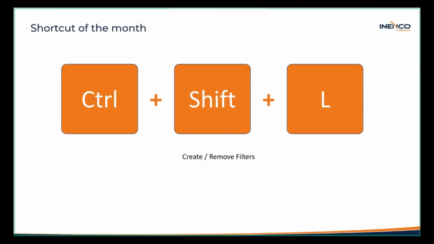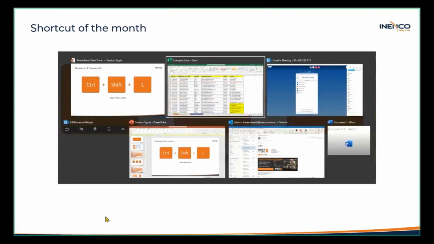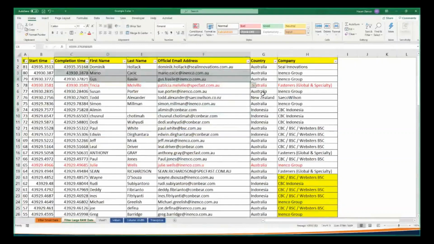All right, so Control Shift L together. Let's try it out. I can click anywhere on this table and say Control Shift L. See, my filters are gone. If I do it again, Control Shift L, my filters are back. Now, how does this save you time?